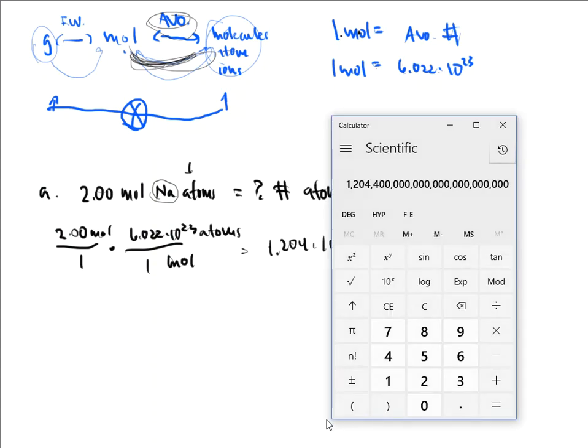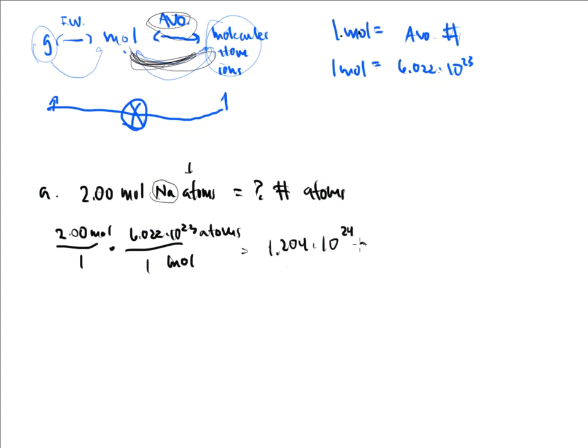Bear with me. There's 1, 2, 3, 4, 5, 6, 7, 8, 9, 10, 11, 12, 13, 14, 15, 16, 17, 18, 19, 20, 21, 22, 23, and 24. So 10 to the 24th.